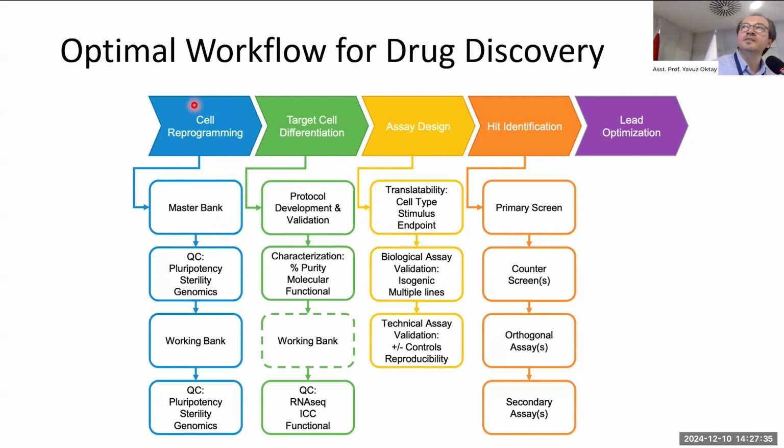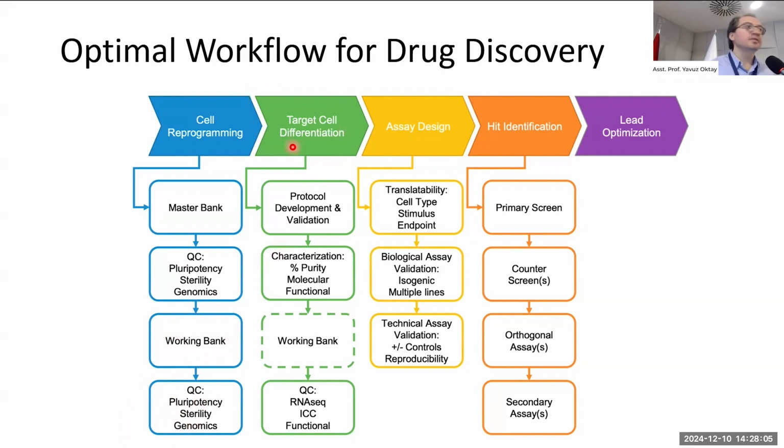In the first step, where cell programming is performed, some of the steps include generation of a master cell bank, and quality control for pluripotency, sterility, and lack of genomic instability or integration. These are all really critical. Then you move on to having a working bank where you can perform further quality control steps.